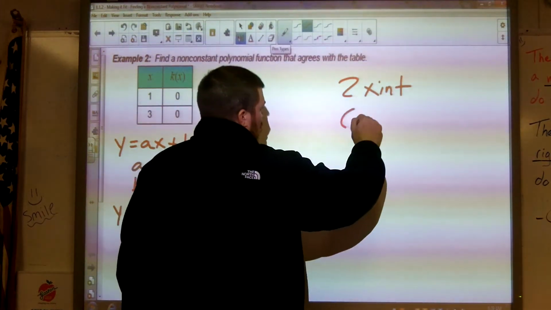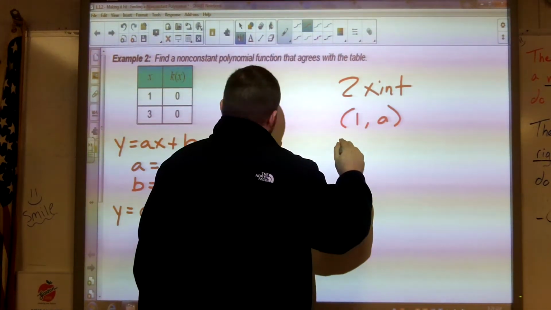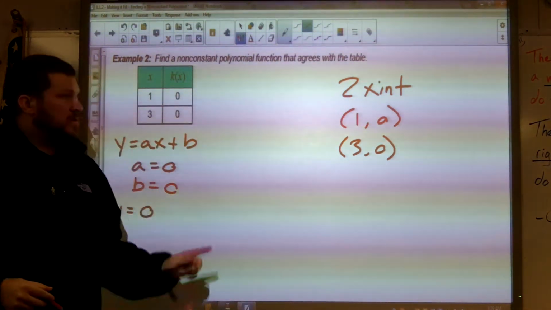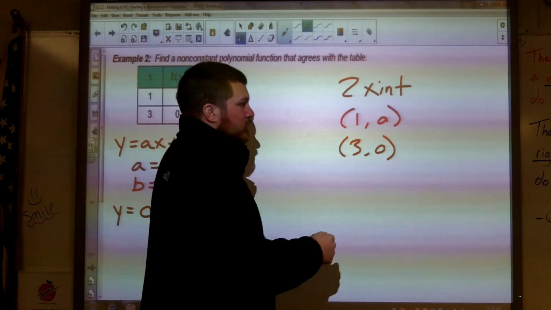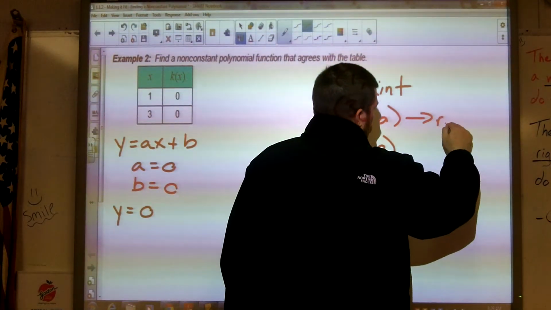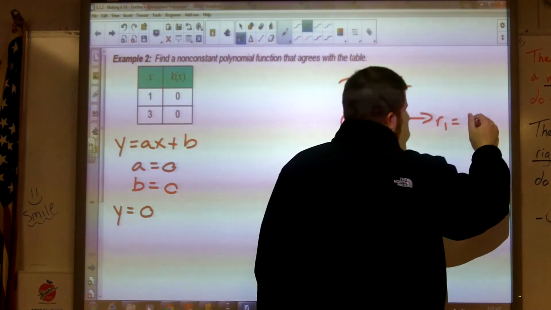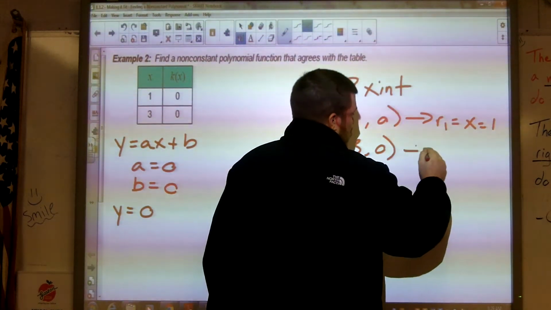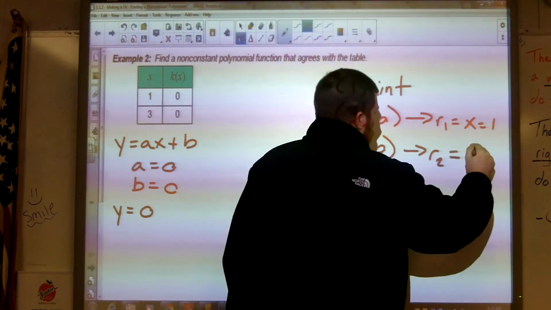The first one is at 1, 0. The second one is at 3, 0. Well, that's exactly what the table told us. But what this means is I have 2 roots. So root 1 is x equals 1, and root 2 is x equals 3.